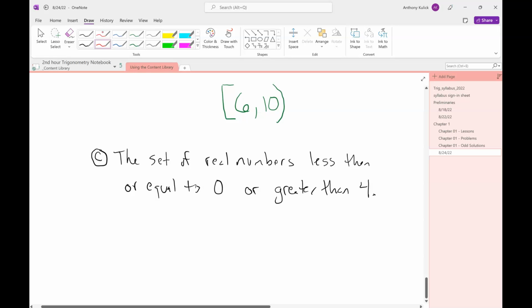All right, so we have the set of real numbers less than or equal to 0 or greater than 4.